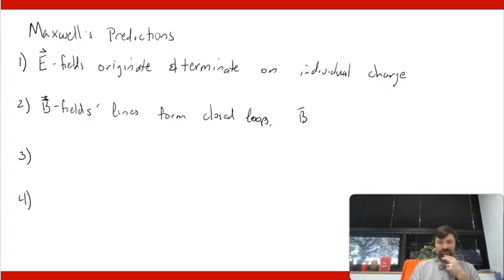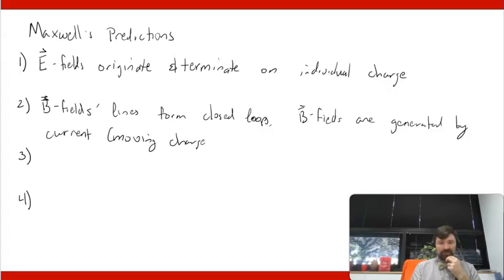And static B fields are generated by current. So B fields are generated by current, or moving charges. Okay.